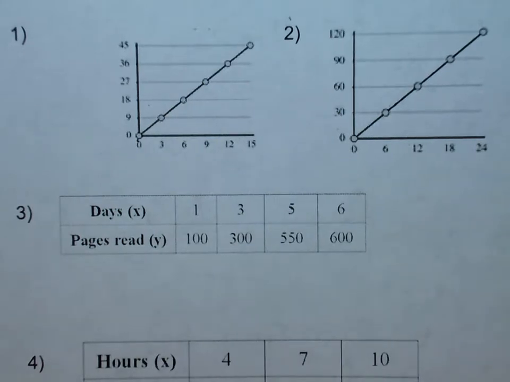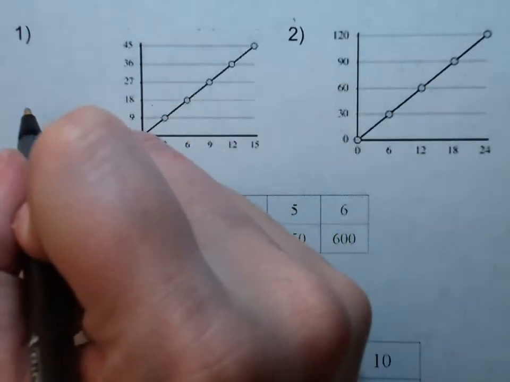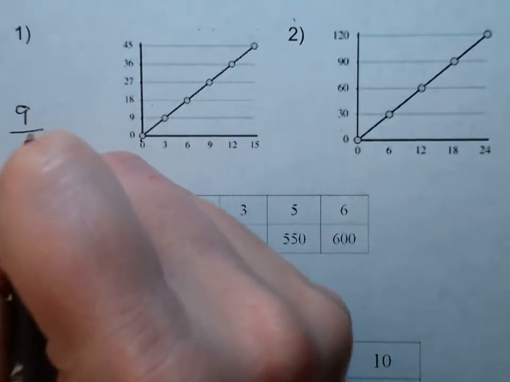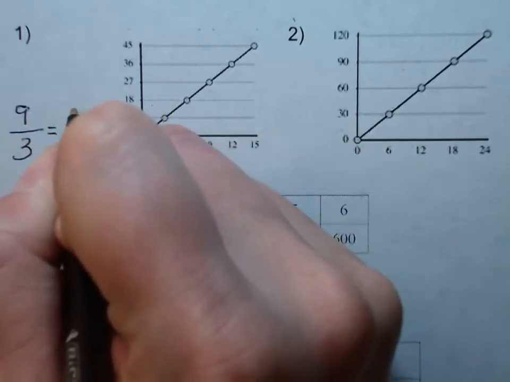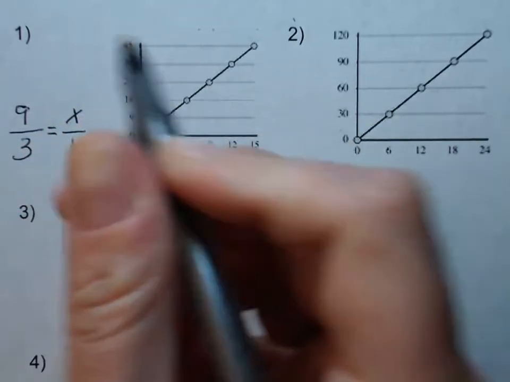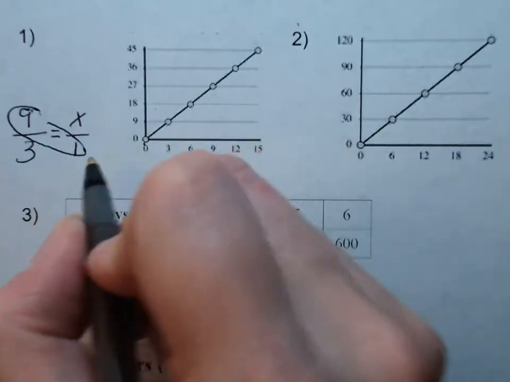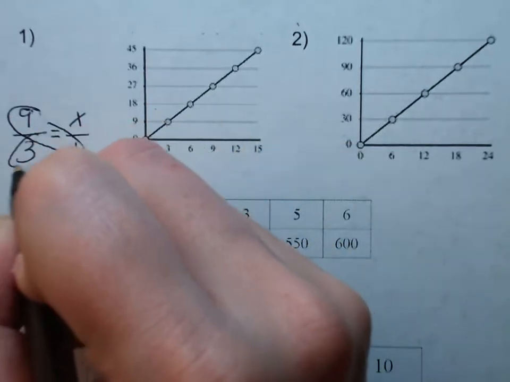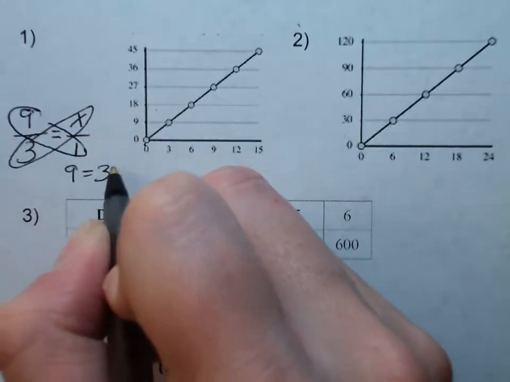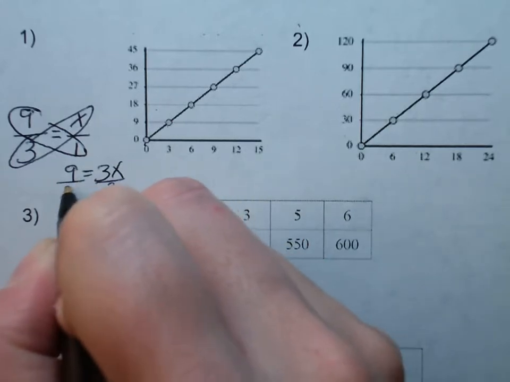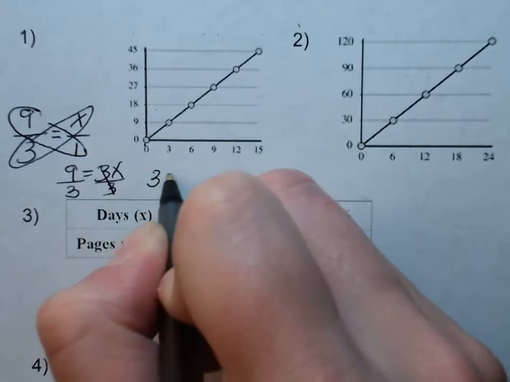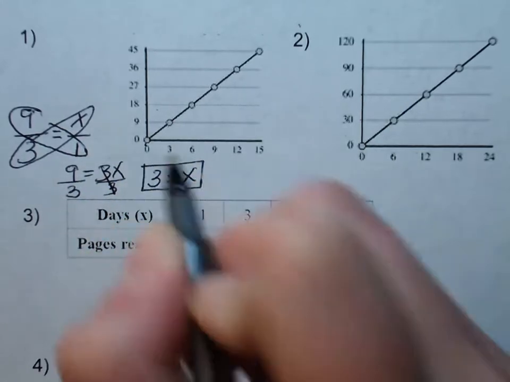I don't have anything that has 1, so we're going to make our proportion. 9 over 3 equals x over 1. 9 times 1 is 9 equals 3 times x is 3x. Divide both sides by 3 and you have 3 as your constant of proportionality.